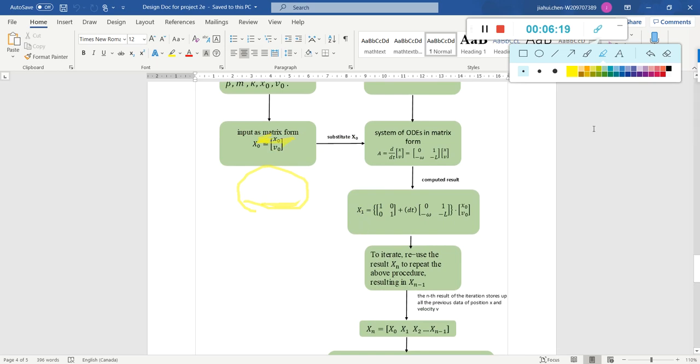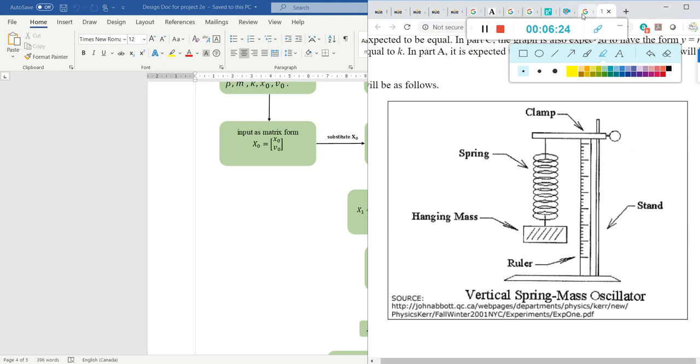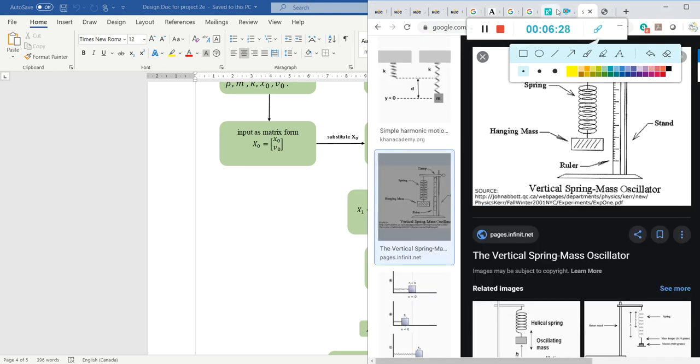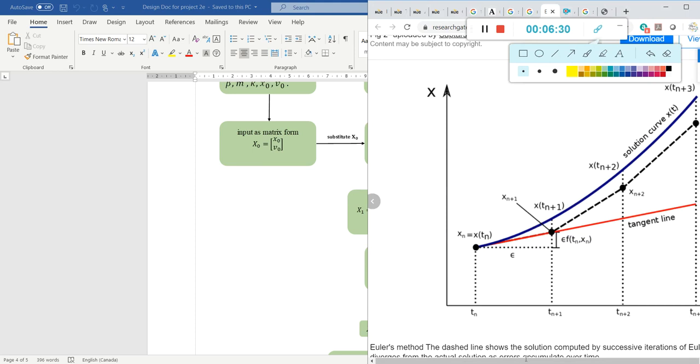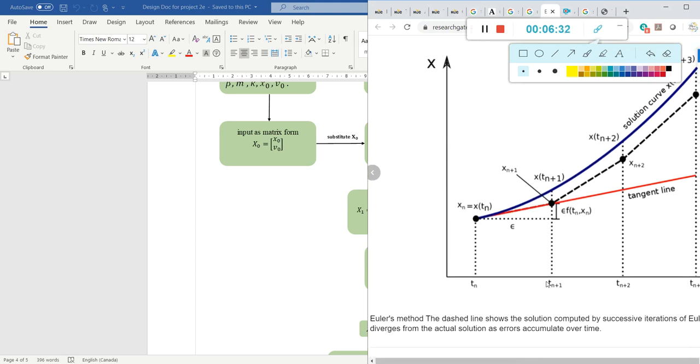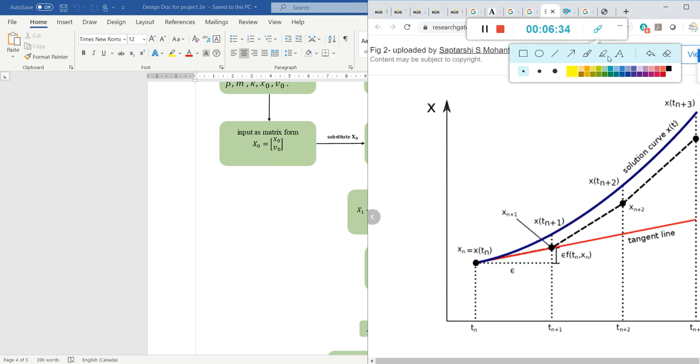So for Euler's method, given an initial condition, in this case x0, I need to find the slope. The slope is velocity in this case.